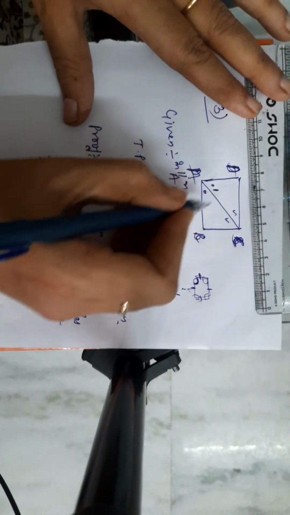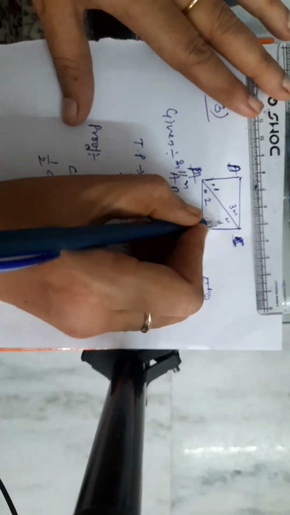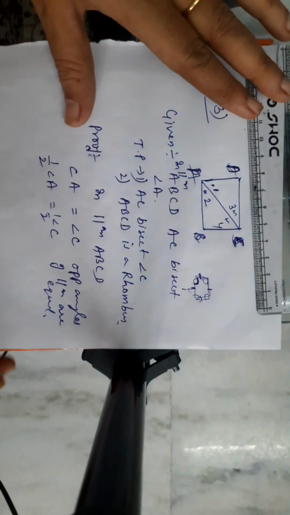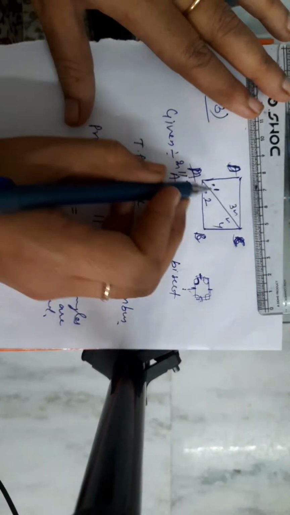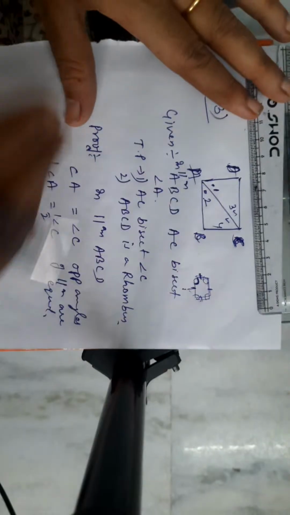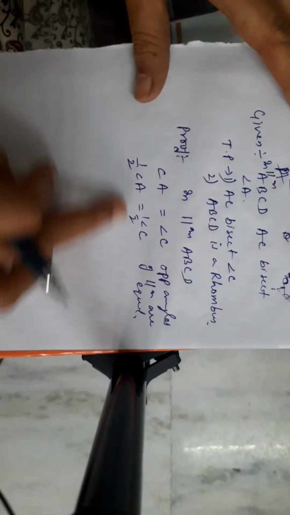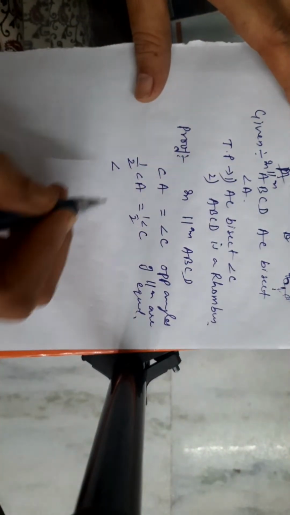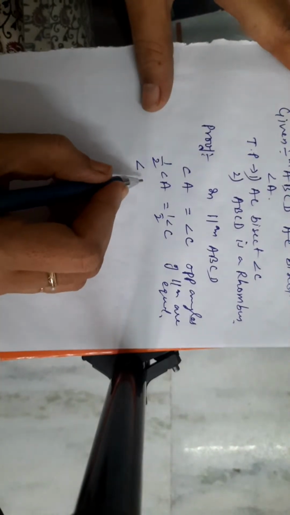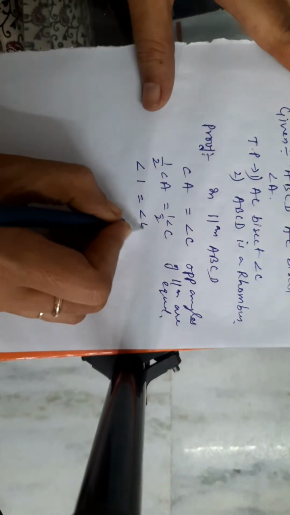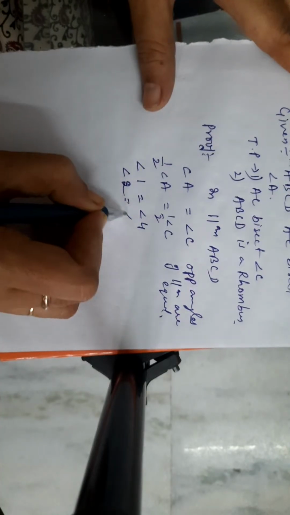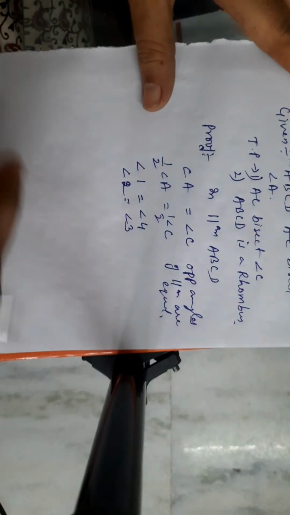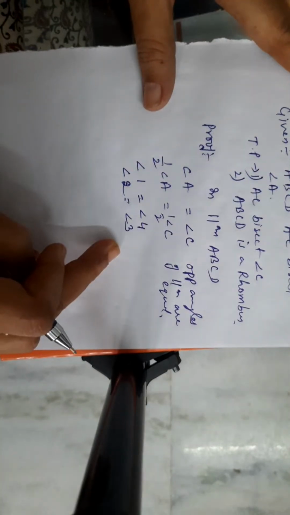If we write here 1, 2, 3 and 4, then in place of half, we can write angle 2 is equal to angle 3, angle 1 is equal to angle 4, as they are the halves of the angles.